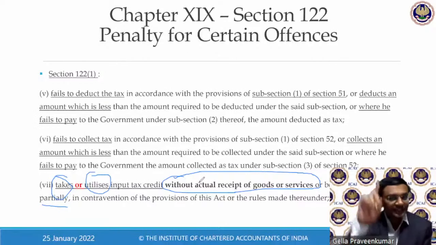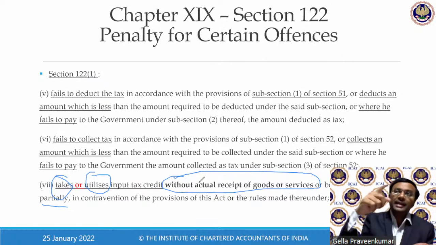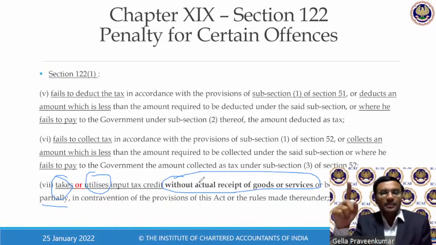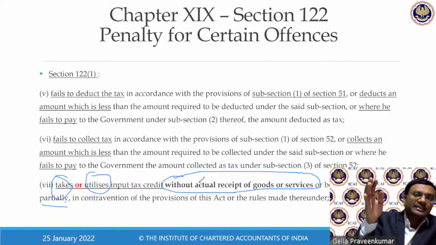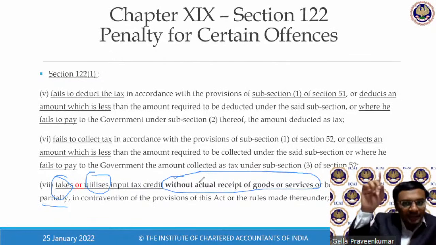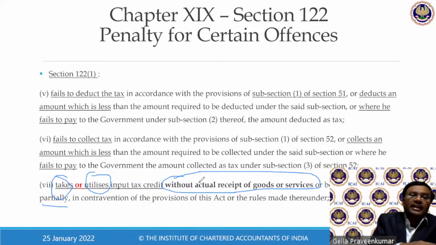Now, please refer to section 16. There's an explanation given under subsection 2. Any person who received goods, or any person who is representing the registered person as an agent or otherwise, before or after transfer of title to those goods, shall be deemed to be such registered person as having received the goods. Drawing on the explanation given in section 16(2), without actual receipt of goods or services, we have to look into the commercial terms.